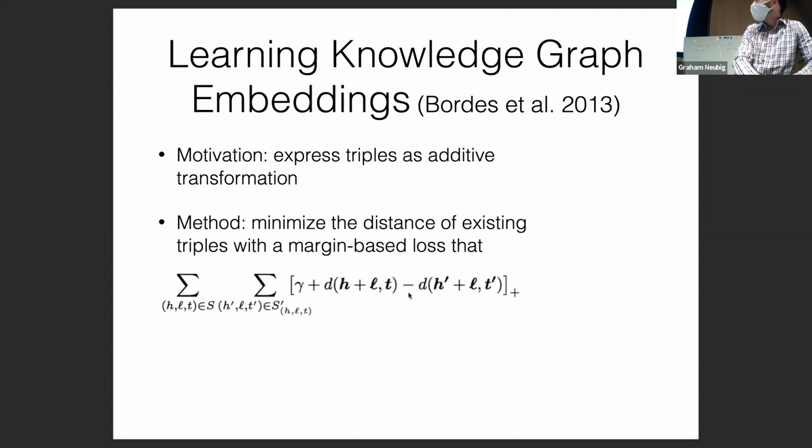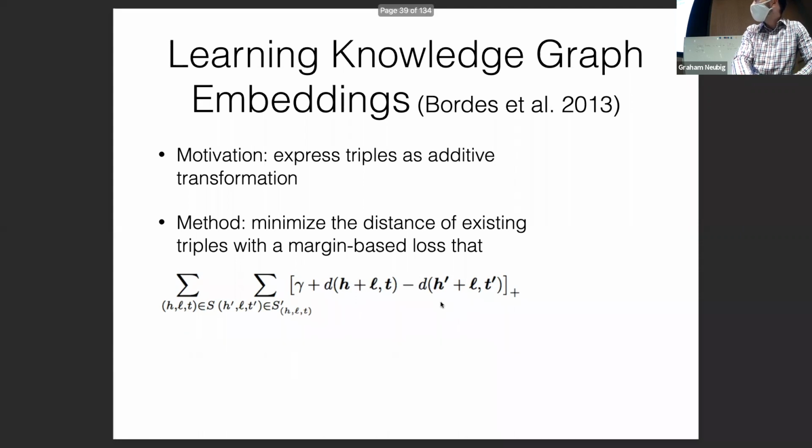What you want to do is take the embedding of the head entity and the tail entity and add an embedding for the relation between the two entities, such that entities that are in fact in that relation are close together, and entities that are not in that relation are far apart.